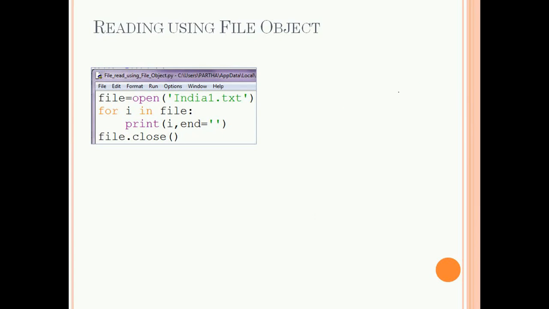So in the first line I am opening the text file india1.txt, and in the second line using a for loop we are iterating over the file object, and inside the for loop we are printing the content of the loop variable I with end equal to single quotes. That means no extra blank lines will be created by the print function.